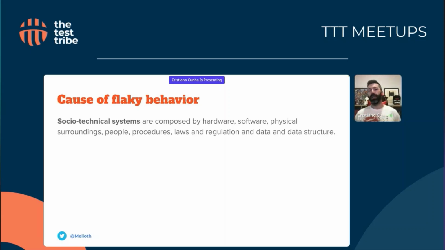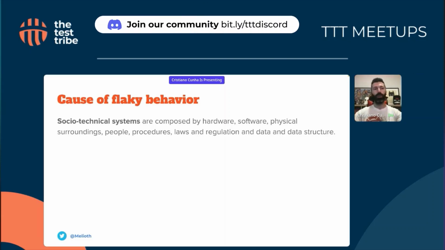And of course, a big one that is data and data structure, because all of the data that you have in your environments, in your tests, in order for your tests to work or to fail, depending on what you want to do, is really, really important.